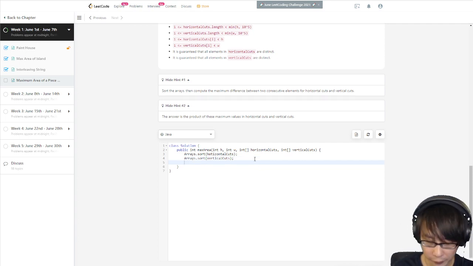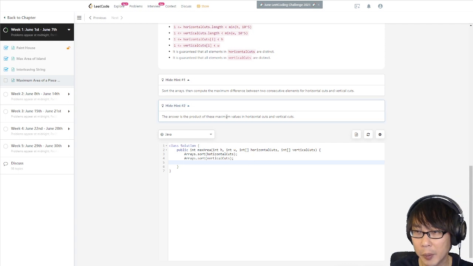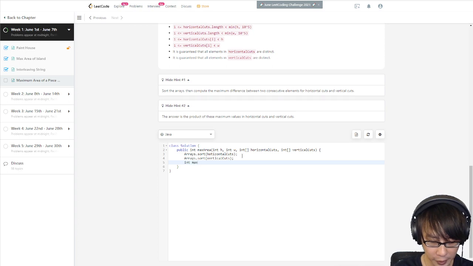So we need to define, for example, the maximum value of the horizontal, so we need to define an integer max v, max h. So how do we initialize it? The smallest distance should be 1.